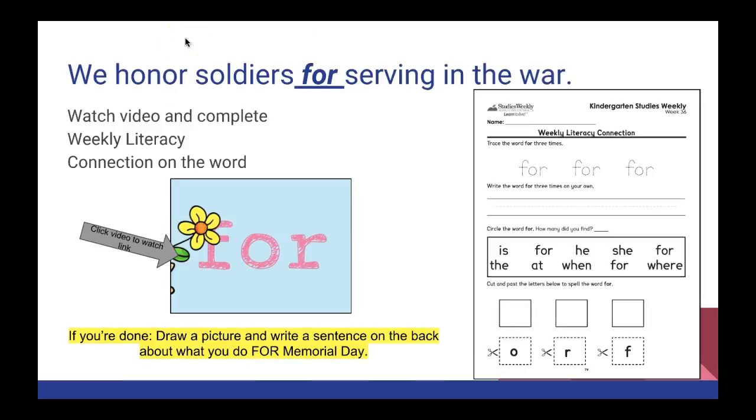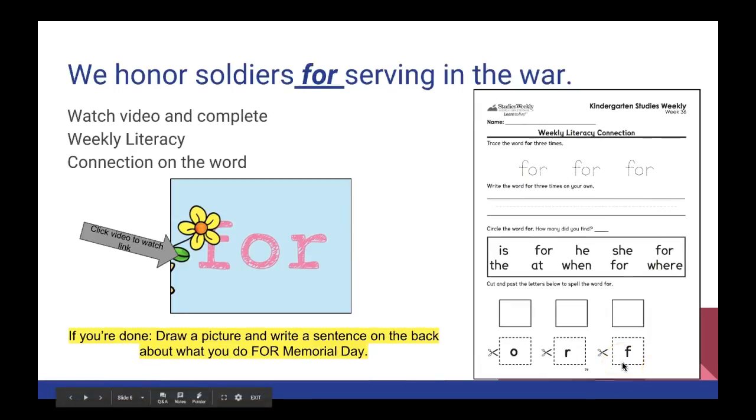So now it is your job to look at this literacy connection page in front of you. You're going to write the word for 3 times, tracing it. Then you're going to write it 3 times on your own. Inside this rectangle, you're going to circle anytime you see the word for, and right here, write how many times you circled it.